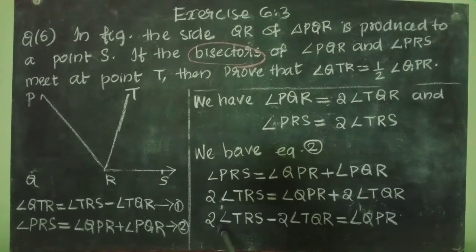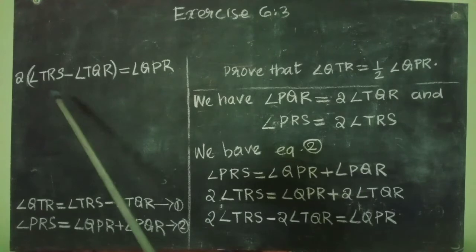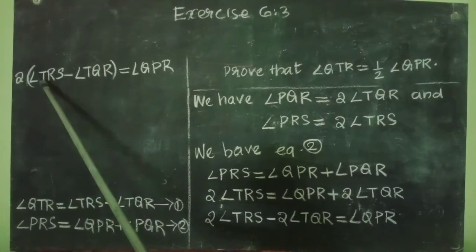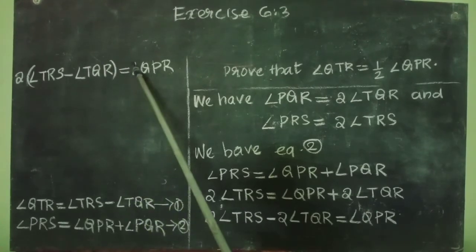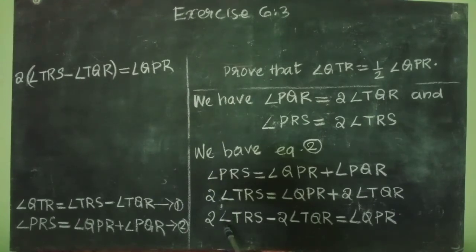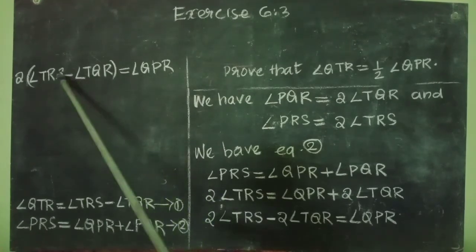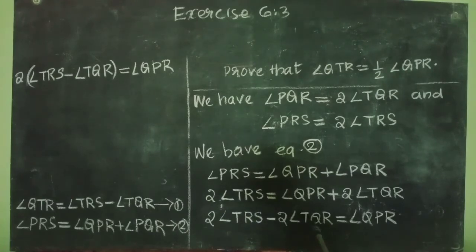Now you can see 2 is common to both angles, so we can take 2 outside. We get 2 into angle TRS minus angle TQR equals angle QPR. Now you see equation number 1.